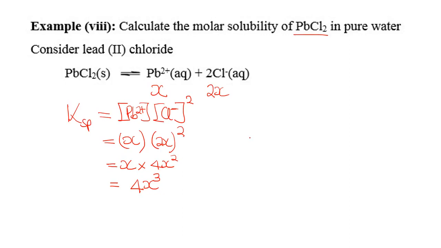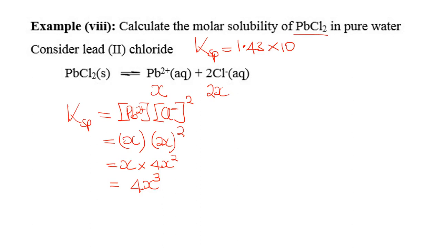Now, the KSP of lead chloride is 1.43 times 10 to the power... okay, where am I missing the KSP of lead chloride?